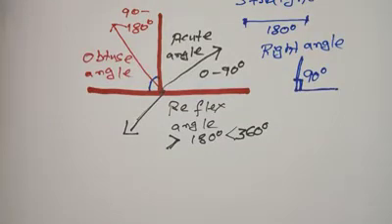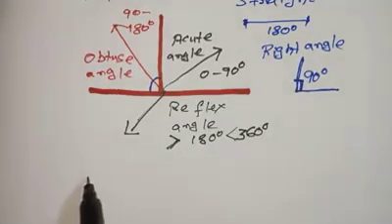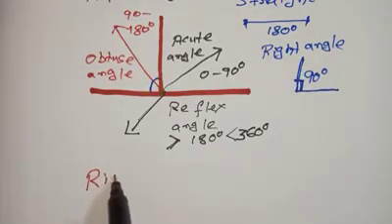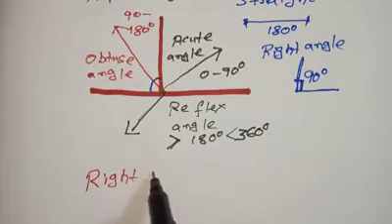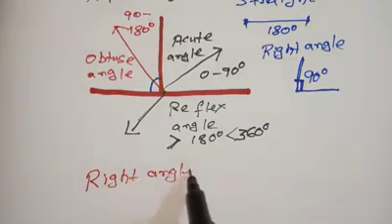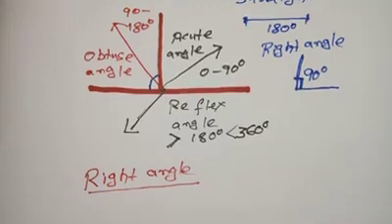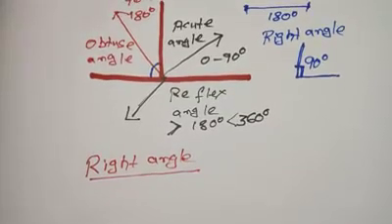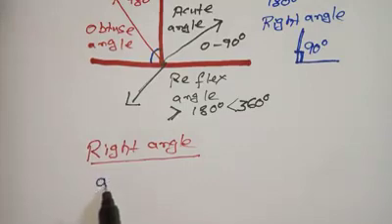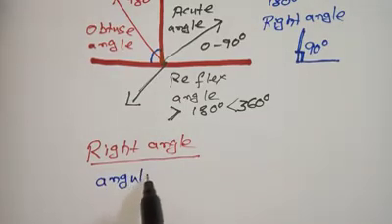What are the reasons for naming them so? Let us start with the right angle. Now this word right actually comes from a Latin word. The origin is Latin, and the angle in Latin is called angulus rectus.